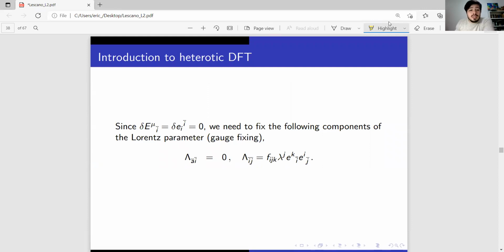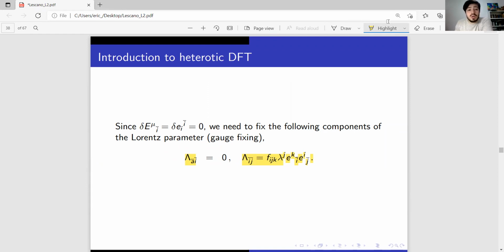So the gauge fixing is related, of course, with fixing some parameters, and these extra parameters, this extra Lorentz parameter, cannot be arbitrary. These extra parameters over here, this combination with extra indices, must be this combination in order to preserve the consistency of the theory.